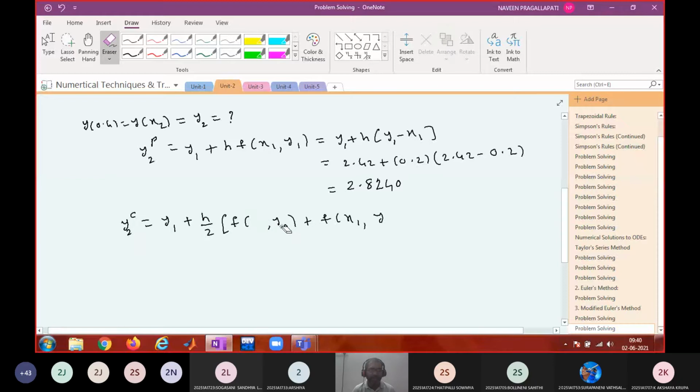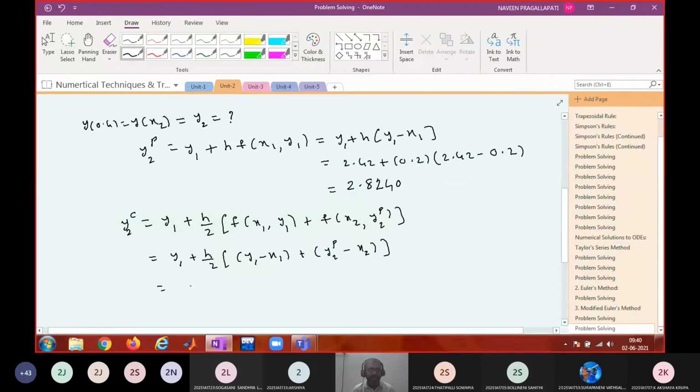When I want y2, I should write in terms of y1, right? So it should be f of x1 comma y1 plus f of x2 comma y2 predictor. So this is y1 plus h by 2 into y1 minus x1 plus y2 predictor minus x2.